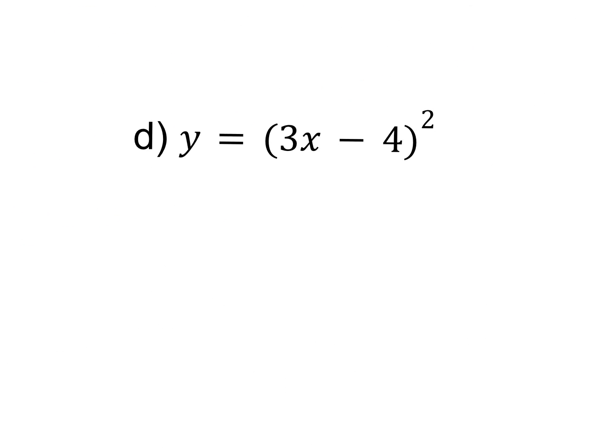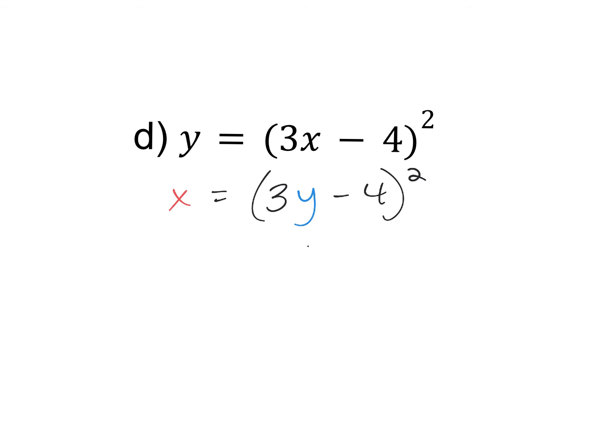Okay, now let's do this one. Switch them. Okay, this one's a smidge different, but it's okay. What do you need to do first to get the y by itself? Well, since there's parentheses right there and it's being squared, you need to get rid of those parentheses in that square.